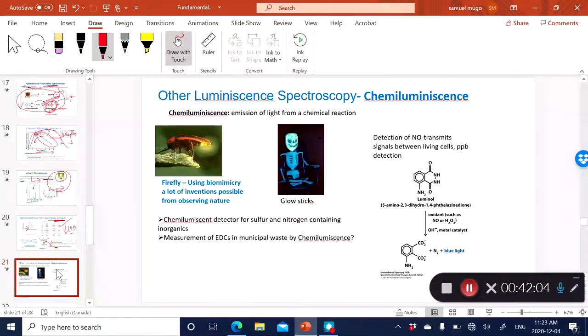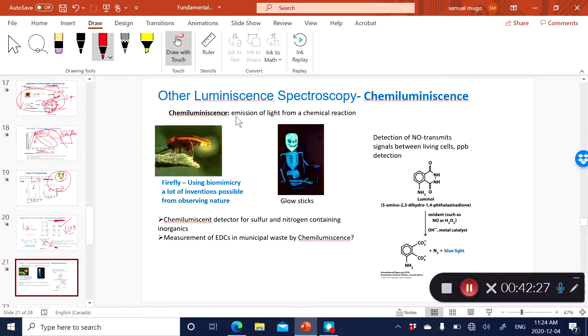Other than fluorescence, you also have phosphorescence, but you also have another technique called chemiluminescence. Chemiluminescence is another type of luminescence spectroscopy that is a bit different from phosphorescence and fluorescence, okay?